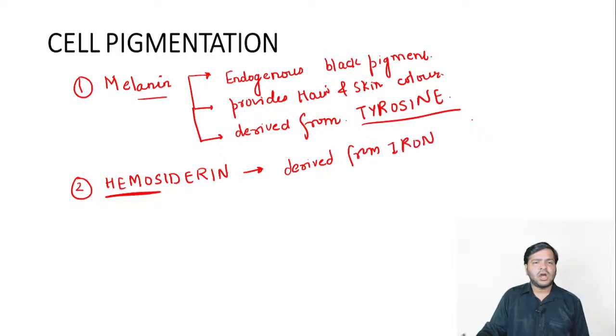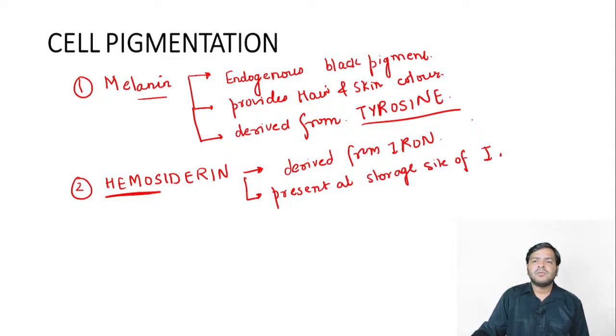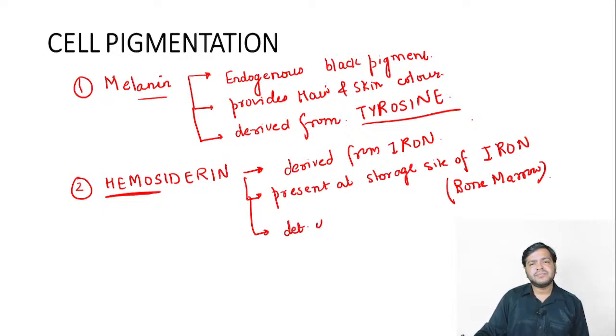Now it is present at storage sites of iron, where iron is found, which is actually the bone marrow. And hemosiderin is detected by Prussian blue.